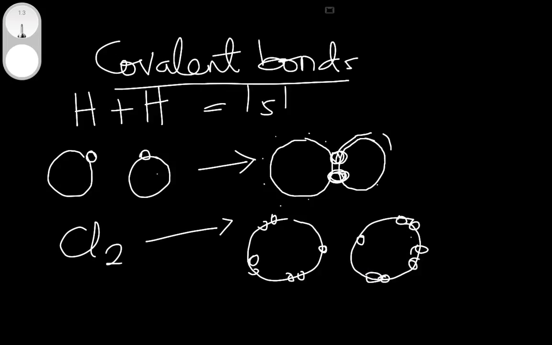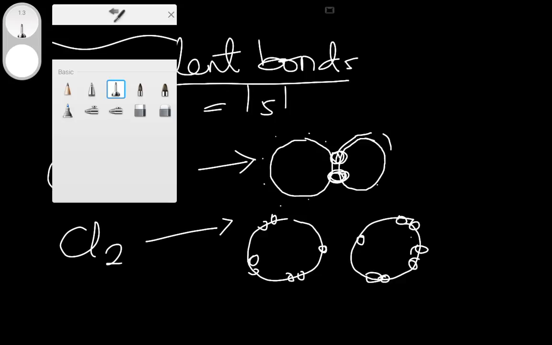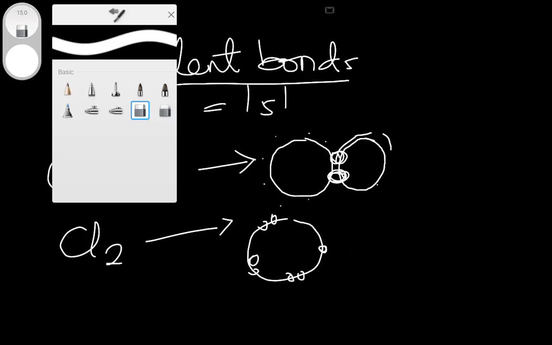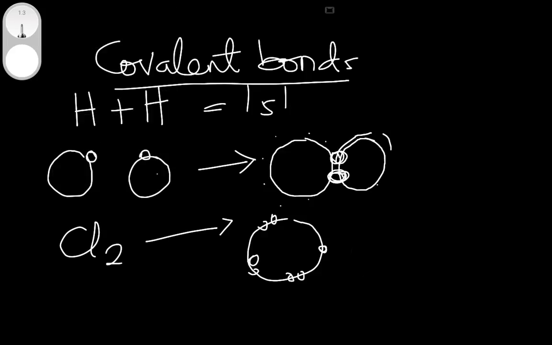When they react to form a bond, this one donates this electron and this one donates this electron. This is how the electrons will attach to each other.